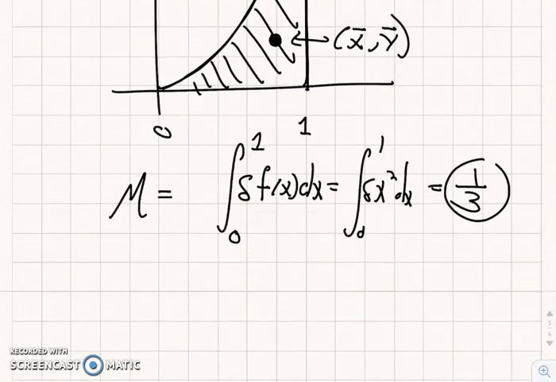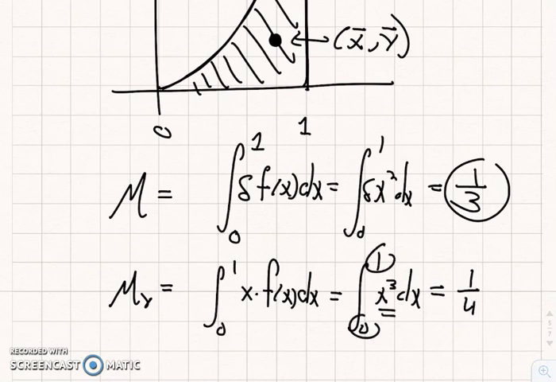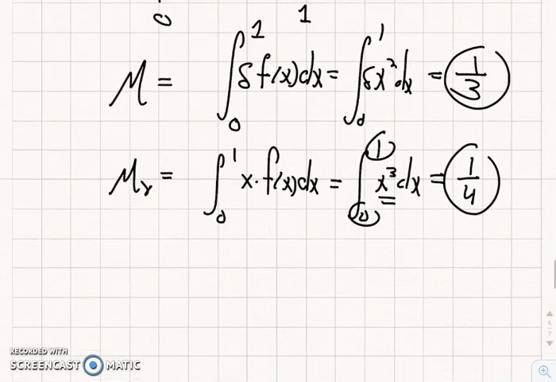Now let's calculate the y moment, m sub y. Remember, that's equal to the integral of x times f of x dx. And so in that case, what do we get? Integral from 0 to 1 of x cubed. And if you find the antiderivative and evaluate it at the endpoints, you just get 1/4. Now let's go on and calculate the x moment, m sub x.